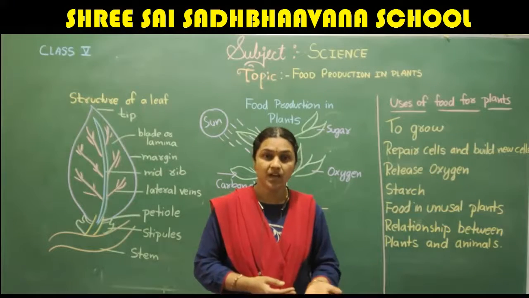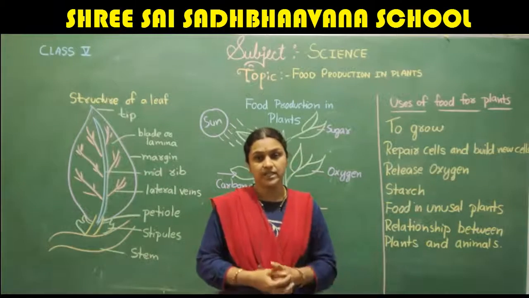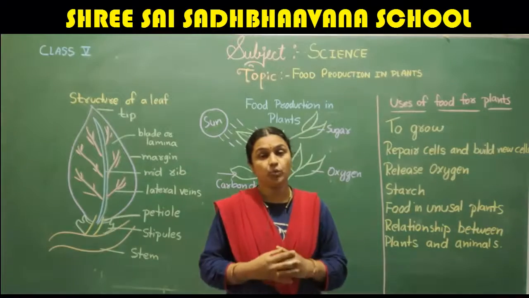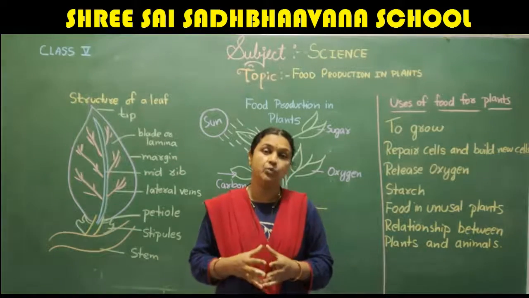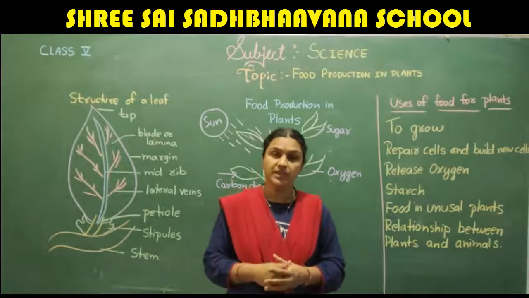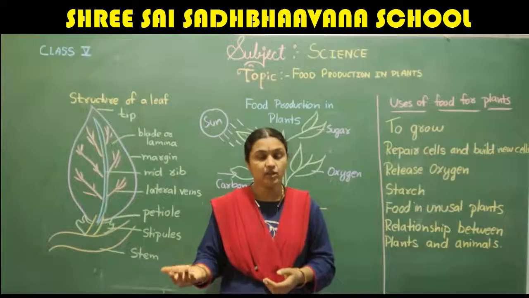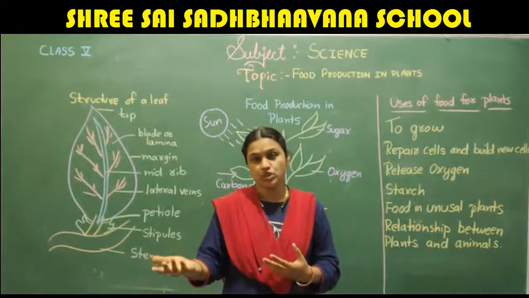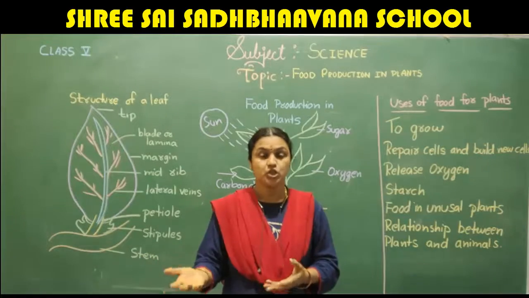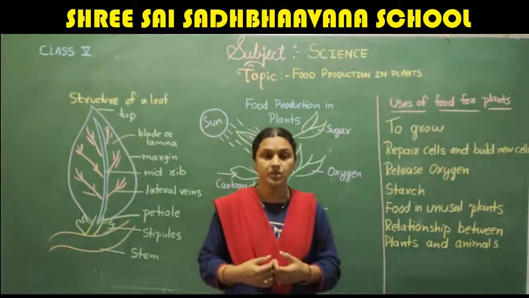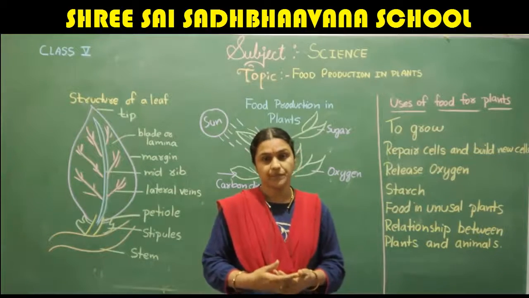If you have to make any dal, we need different ingredients. So we, the human beings, get food from two different categories. One is from the plant, and the other we get from the animals, which is the meat. So we consume both of them to get energy.